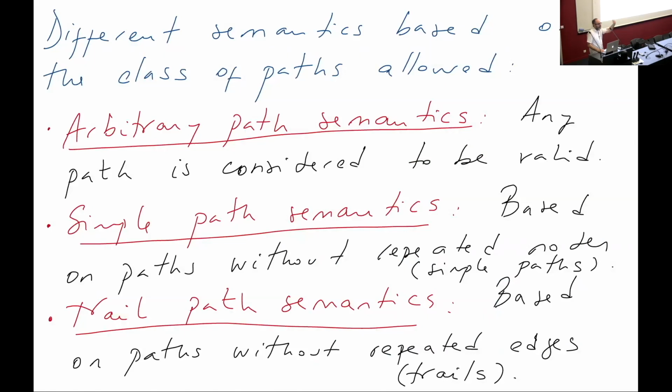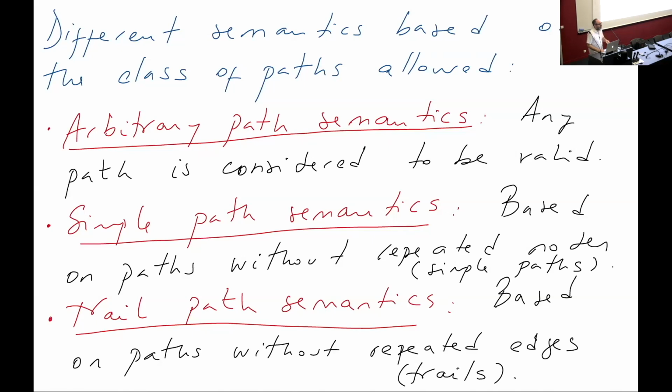You can have arbitrary path semantics. This is the one that is mostly studied in theoretical papers. So any path is considered to be valid. You want to find whether there exists an arbitrary path from U to V whose label satisfies a given regular expression. Or, as it was studied in the beginning of graph databases, you can have a simple path semantics.